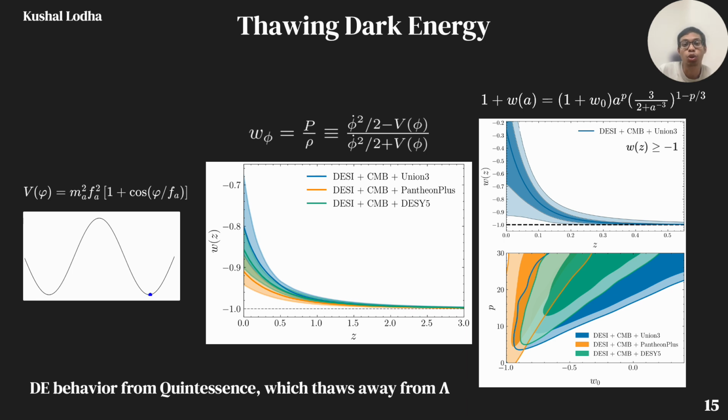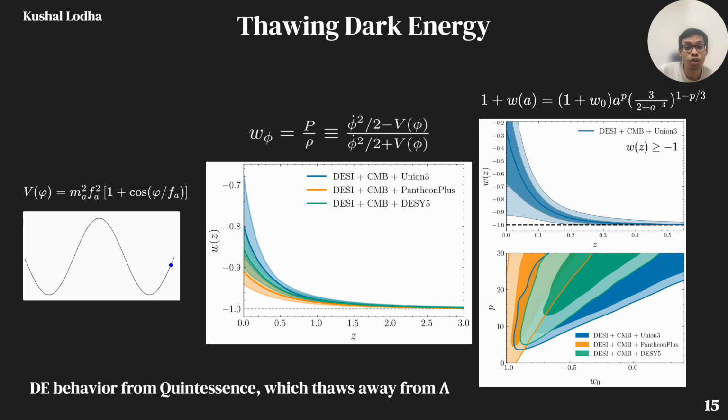The next step is to use this agnostic reconstruction as a guide and ask which physical model can actually account for such trends. One of the most widely discussed possibilities in the literature is quintessence, where dark energy comes from a rolling scalar field. As the field evolves in its potential, the pressure and energy density change with time, giving a dynamical equation of state as shown in the middle expression.